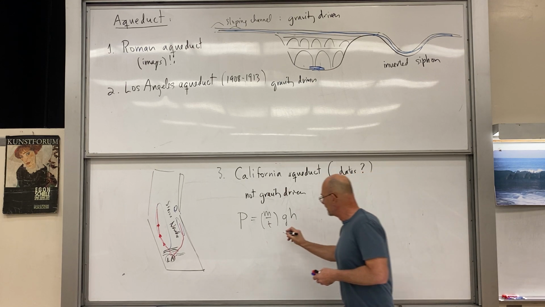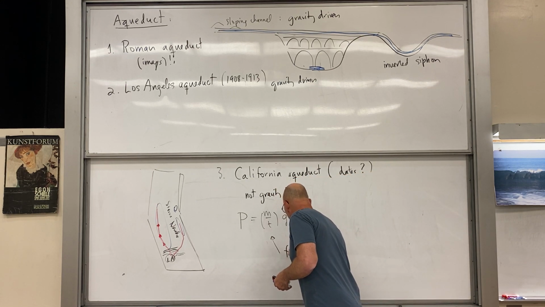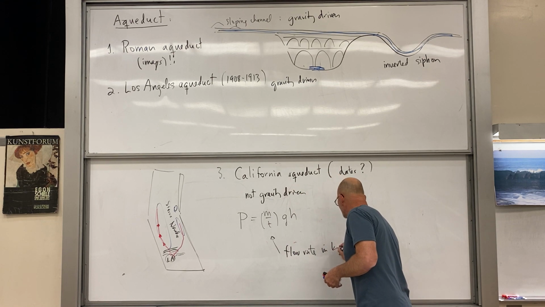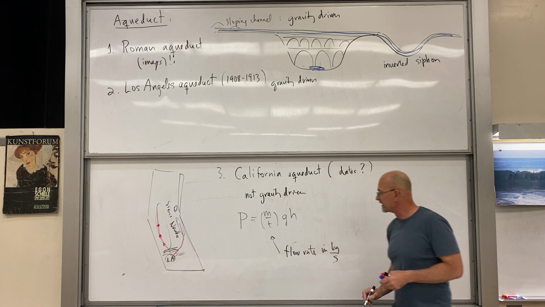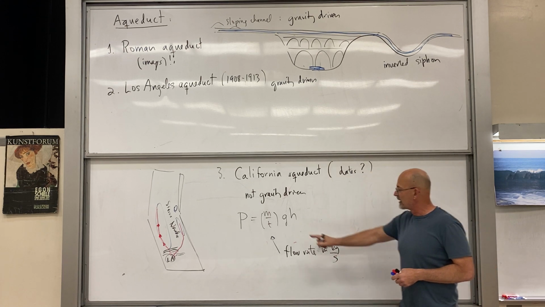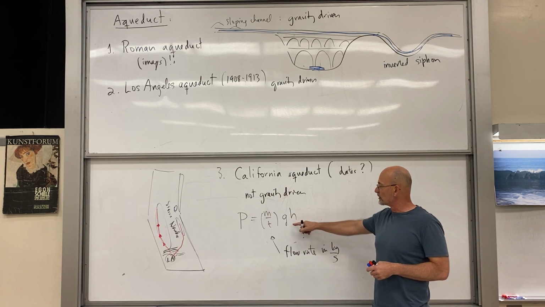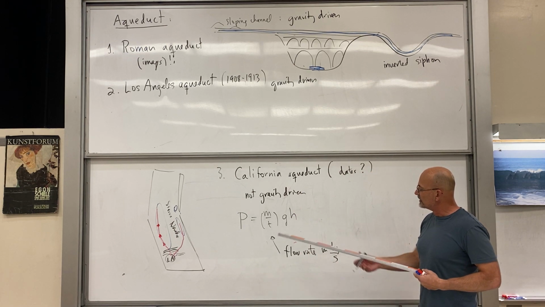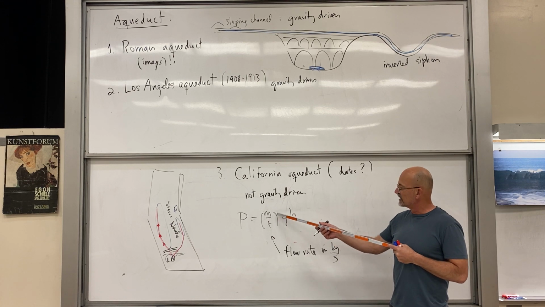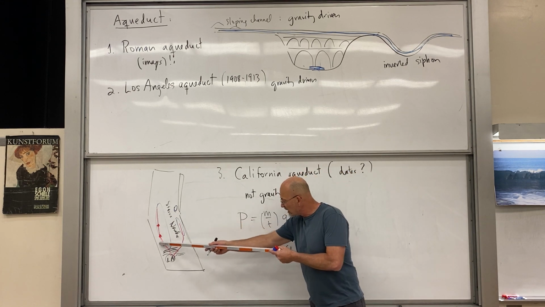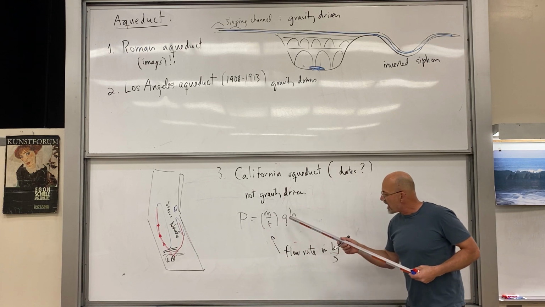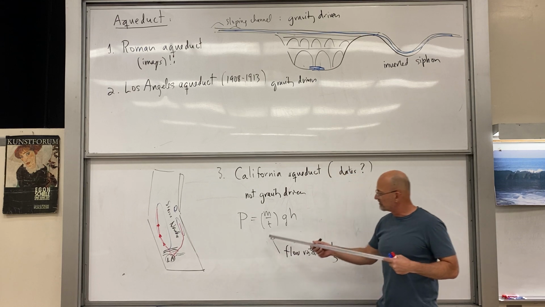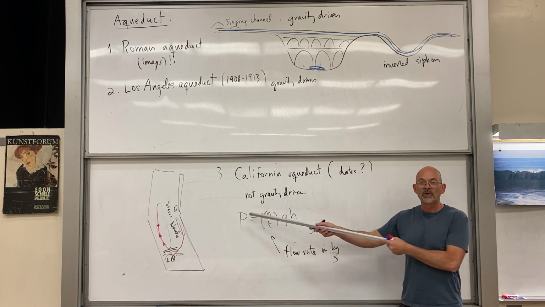In this case, m over t would be the flow rate in kilograms per second. Okay. That would be g, and h would be the height of the incline over which it has to be pumped. So just by knowing the parameters of the system, how much water they are trying to get over, how high is the step that they're pumping it up, you can calculate immediately how much power is needed to do that.